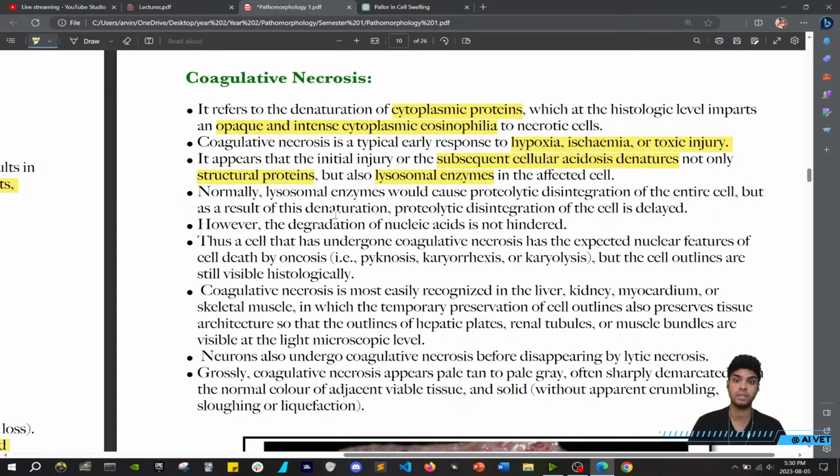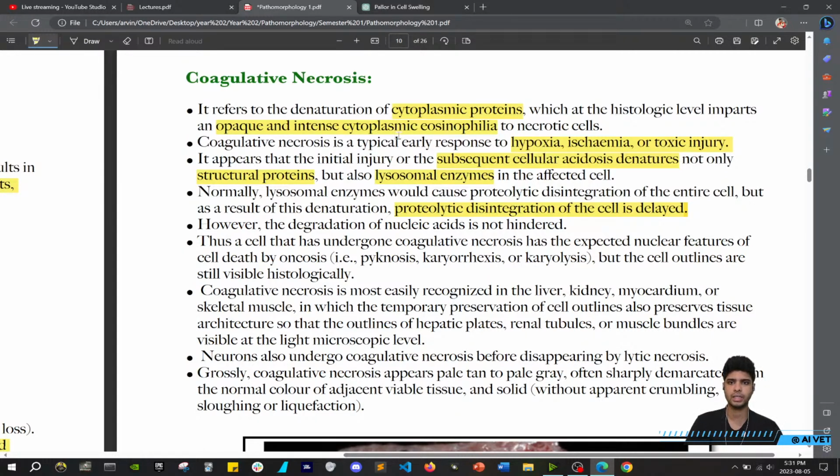But as a result of this type of denaturation, proteolytic disintegration of the cell is delayed. So instead of lysosomes causing the necrosis, the cellular acidosis causes denaturation of the structural protein, just the acidity.